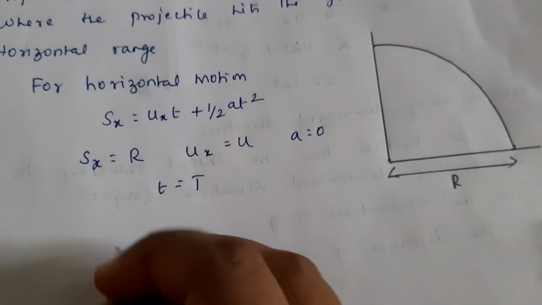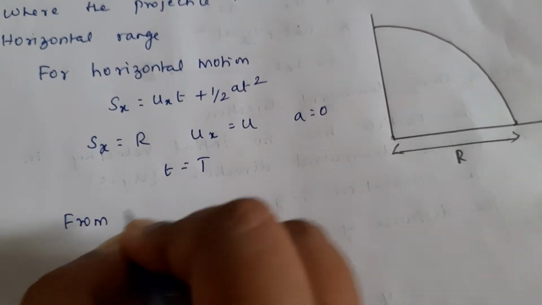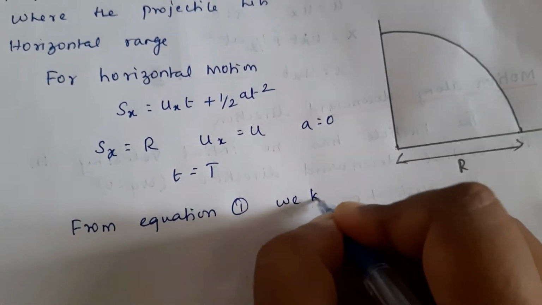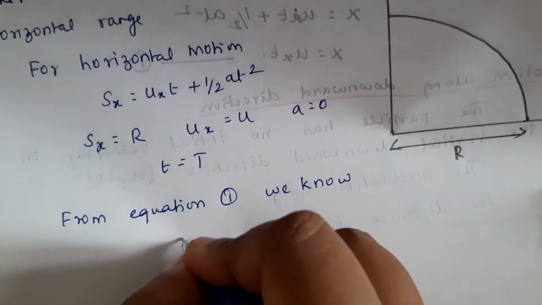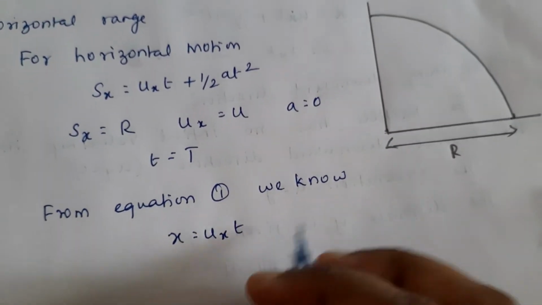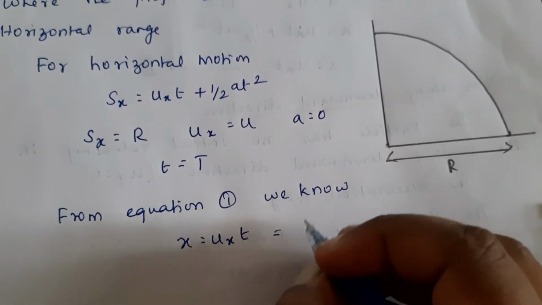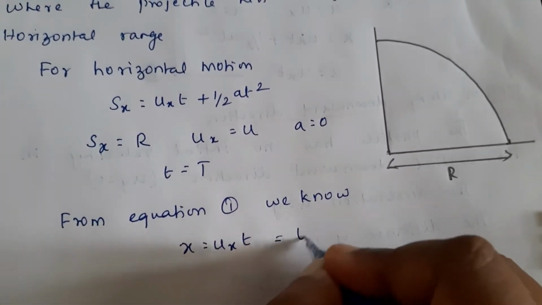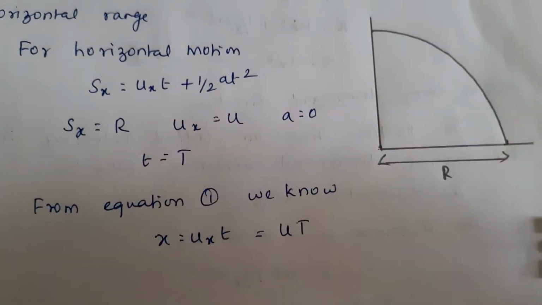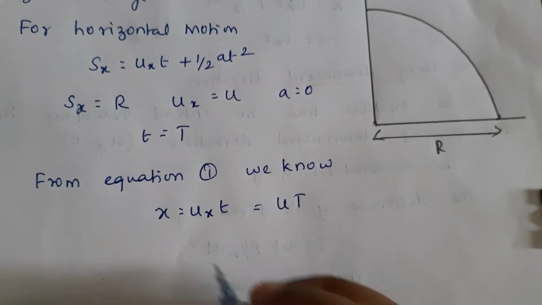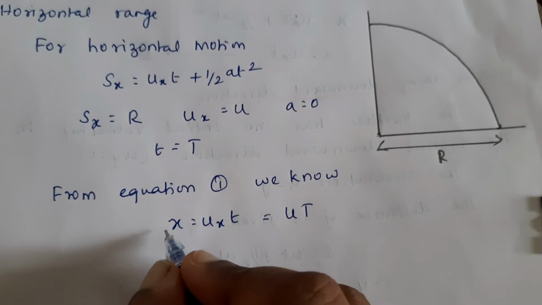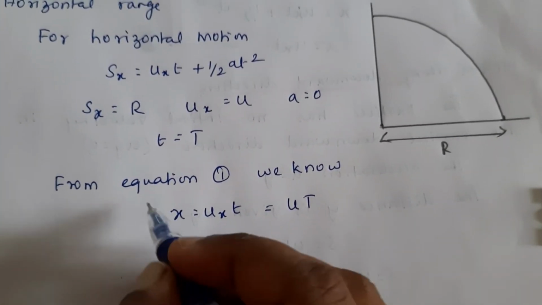Now from equation 1, we know x is equal to ux into t. Now here I am going to substitute t as capital T and u as u. So what I get is u into t. From equation 1 I got x is u into t. So your range, the horizontal range, x, I can substitute as capital R. This is Sx only.